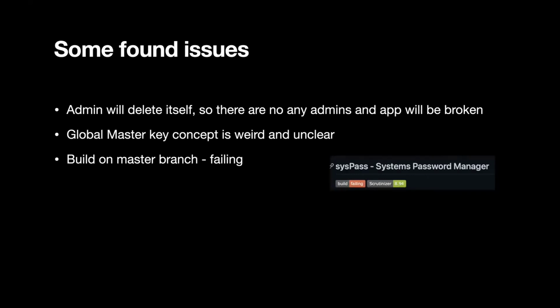The first and quite fun issue that we found is that an admin could delete itself, and if there is only one admin, the application will be dead because no one could create new users or do anything. There is a concept of a master key, but it's quite unclear because everyone needs the master key, and the idea of this key is missing; the master key is the same for everyone.